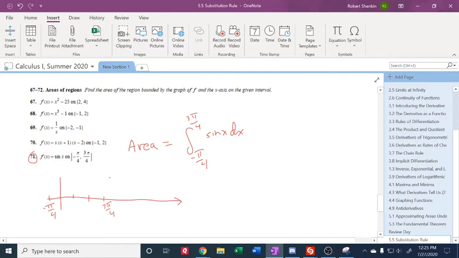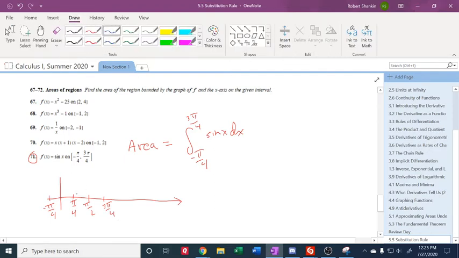And the sine function, let me label a couple more. The sine function, every quarter of pi changes like this. No, I have it backwards. Every half a pi it does that.